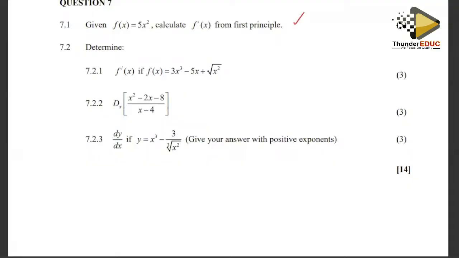Then determine the first derivative, f prime, of this. The only tricky part is the square root, which is already taken care of, meaning that we have 3x squared minus 5x plus the square root of a square, which is just that same number, because we know that square root is the same as exponent a half.